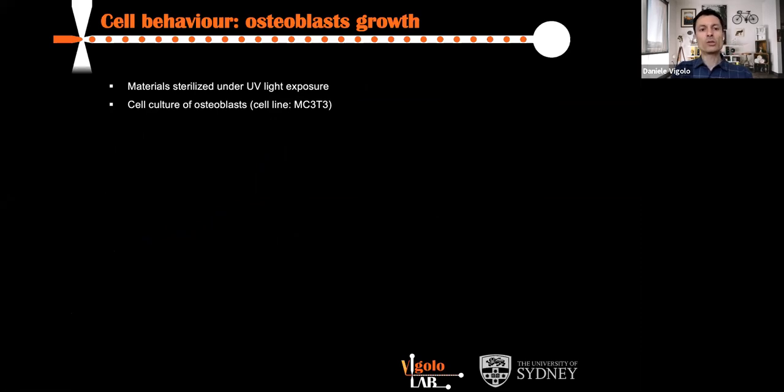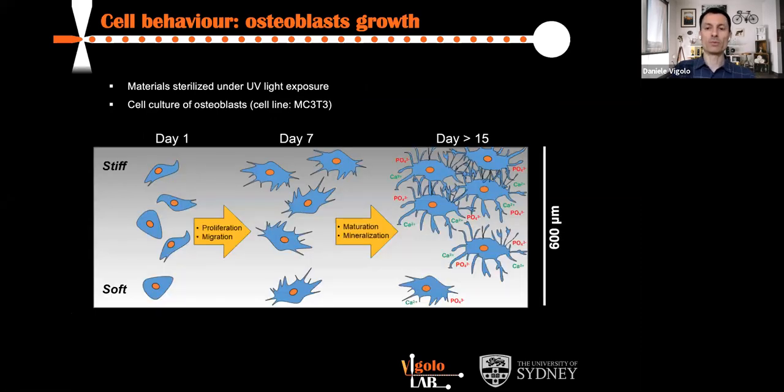And so we culture osteoblasts, and the schematic of our approach was to seed a very low number of cells in the beginning on our material presenting a gradient of stiffness, in this case, let them grow for about 7 days. And that's where we start to appreciate how proliferation and migration are affected by the gradient.